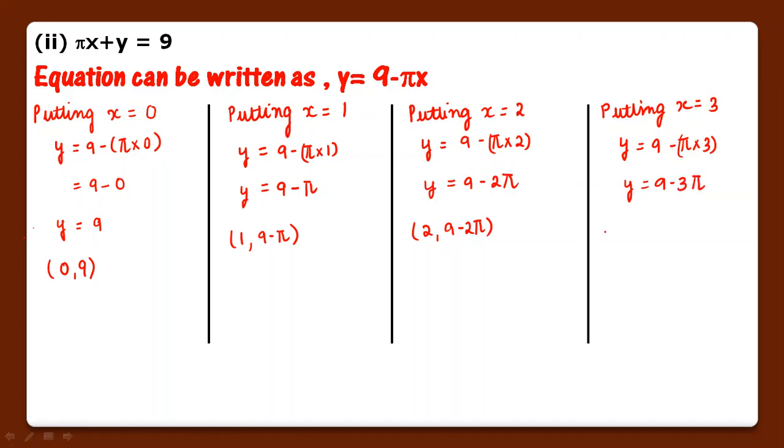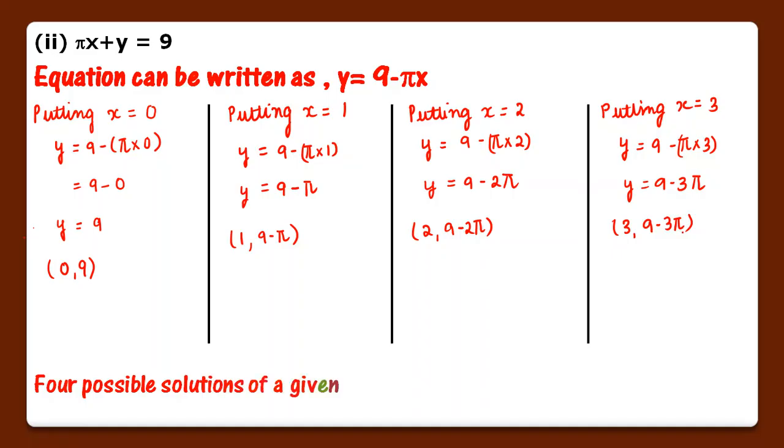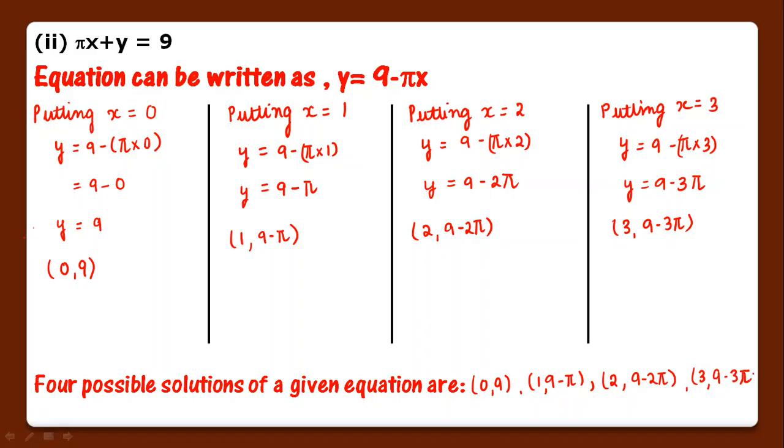So our fourth solution is 3, 9 minus 3 pi. So we can say four possible solutions of the given equation are 0, 9, 1, 9 minus pi, then 2, 9 minus 2 pi, and the last is 3, 9 minus 3 pi.